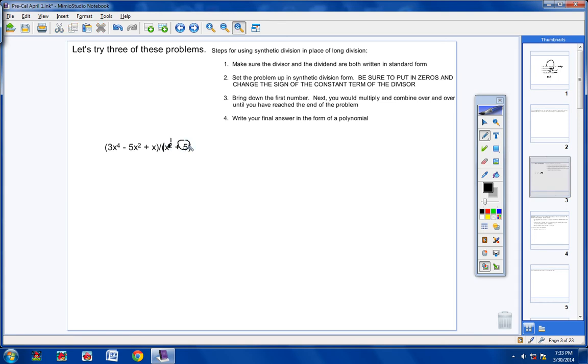This has to be a constant term, and this has to be a binomial. And when that happens, you can then put your coefficients over here, 3, 0, negative 5, 1, and 0. And then you have a positive 5 right here, so you put a negative 5, and then do your synthetic division and go from there. Synthetic division is usually shorter than long division.